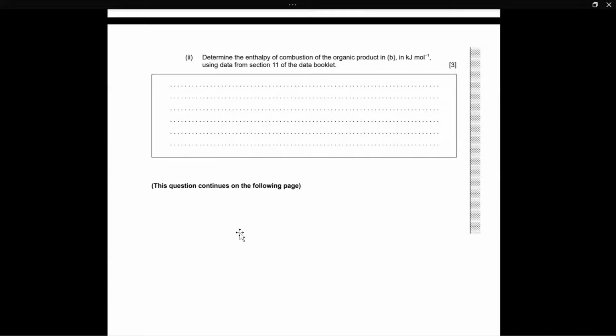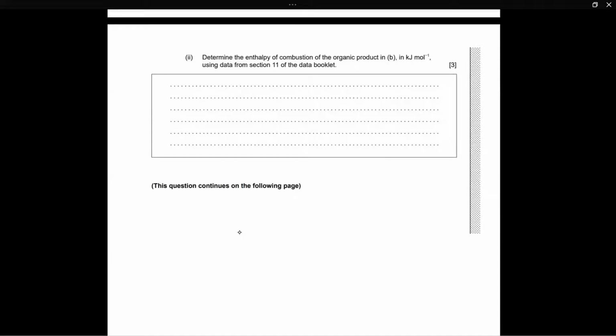If you flip to section 11 of your data booklet, you'll see that it mentions the different bond enthalpies between different elements. And that is what you have to use in order to calculate the enthalpy of combustion. We know the formula for calculating the enthalpy of combustion using bond enthalpies.